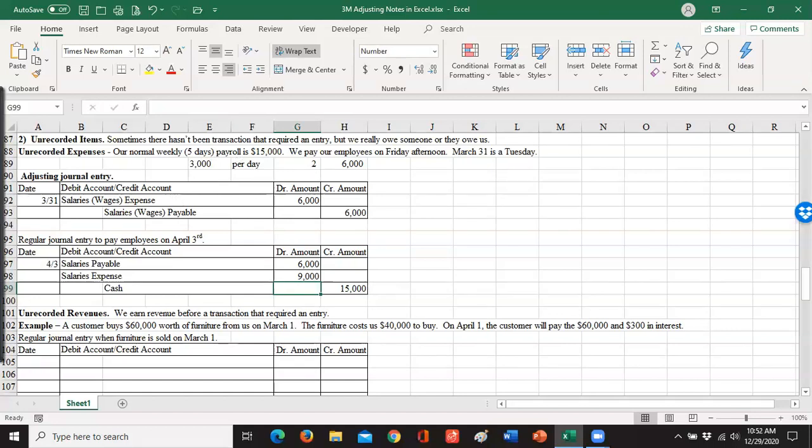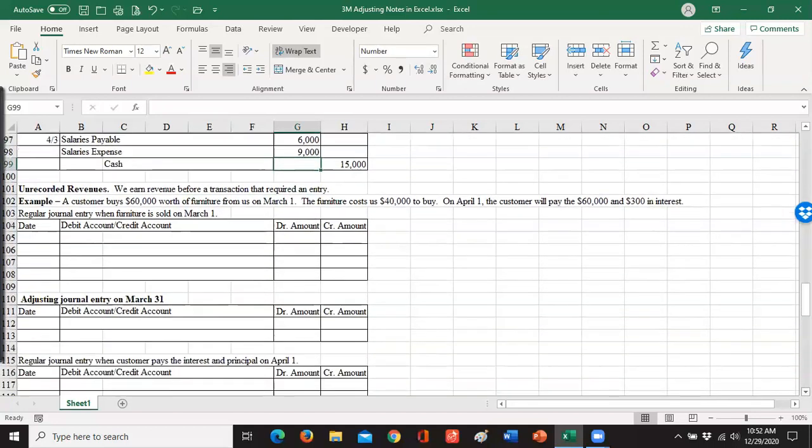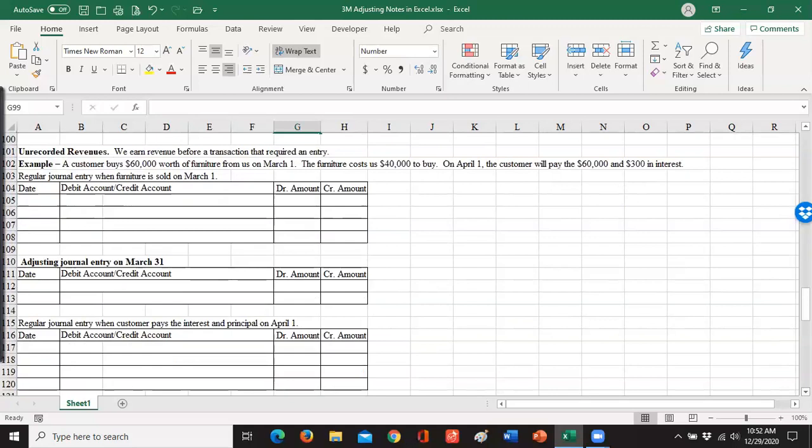The same thing can happen with revenue if you're on the other side of a transaction. An easy one to see here relates to interest. So let's say that we're a furniture store. So we're Bob's Discount Furniture. And a customer buys $60,000 worth of furniture from us.